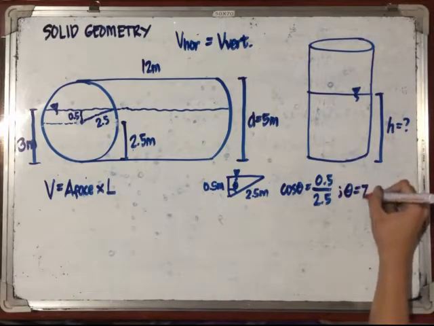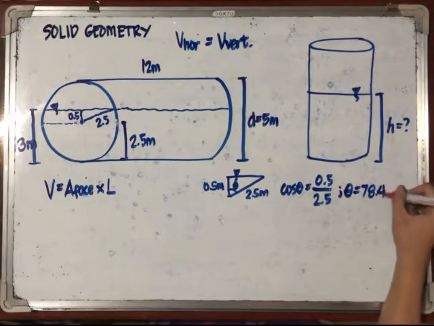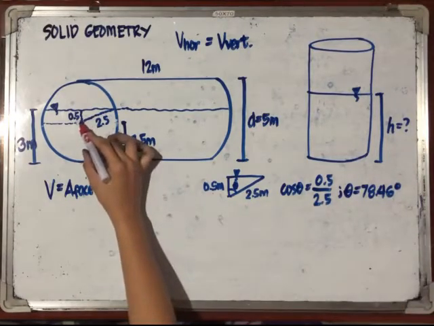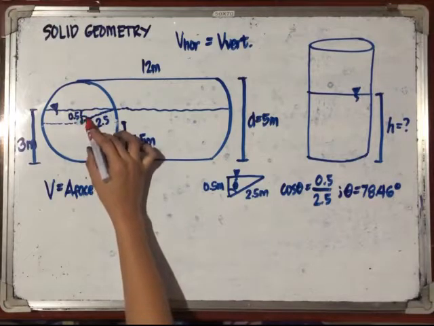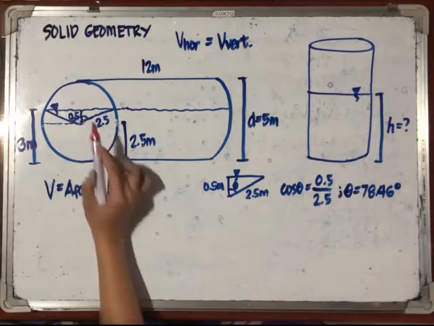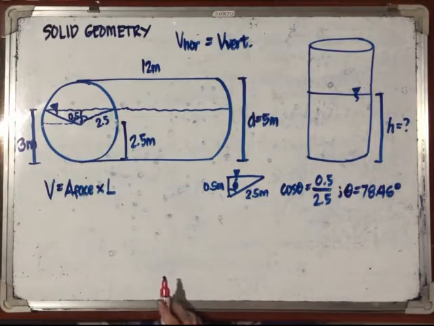Theta is 78.46 degrees. So if this is 78.46 degrees, this angle here should be 78.46 as well, right?